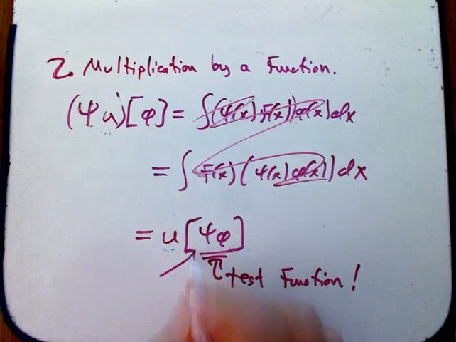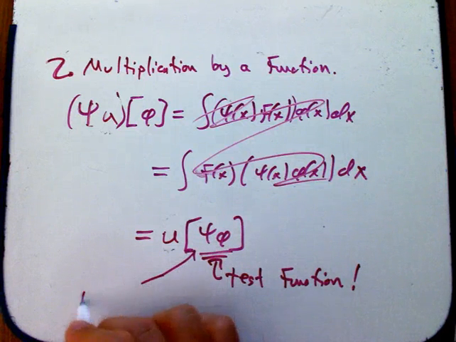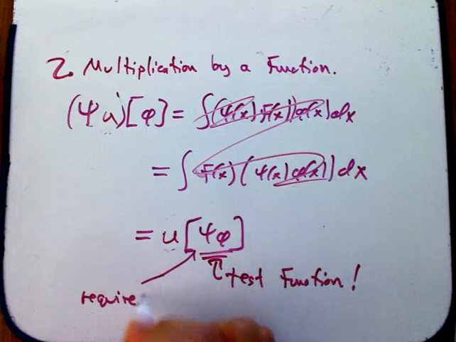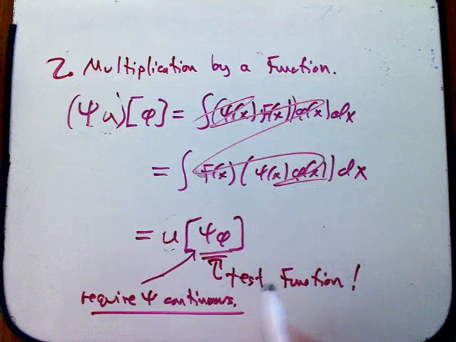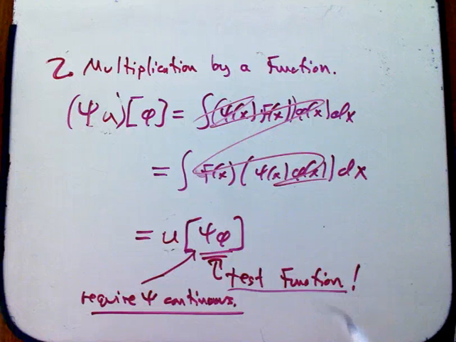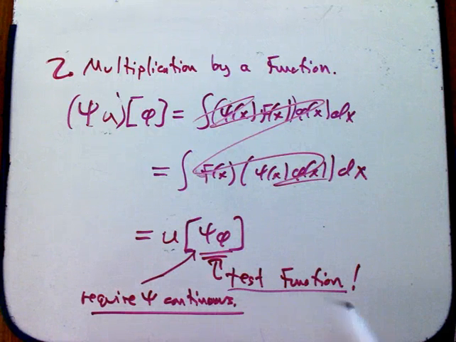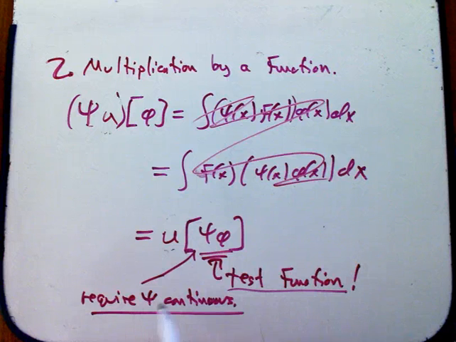So the only simple way to guarantee that is to require that psi be continuous. And pretty soon, by the end of this handout, we're going to up the requirements for test functions. Luckily, we're also going to stop upping them at the end of this handout. We're going to get to an equilibrium where we really have the correct requirements on test functions. We're actually fairly close. And that's going to require more about psi as well.